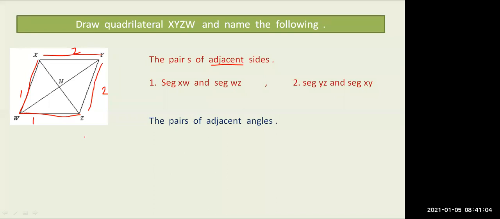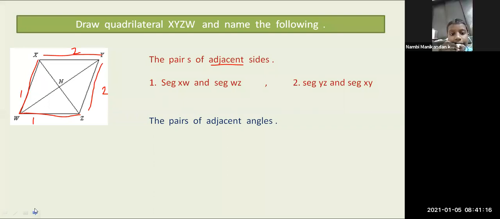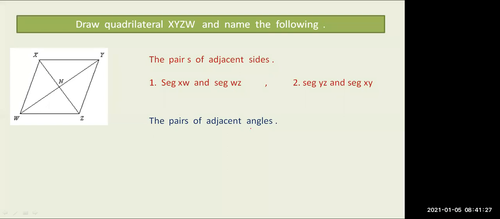Similarly, adjacent angles. Adjacent मतलब बाजू बाजू में, neighboring one. Now it is easy to tell me the adjacent angles. Tell me the name of adjacent angles. Now we are talking about angles. Which angle is adjacent to which angle?